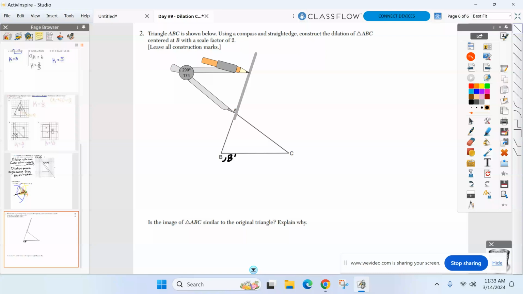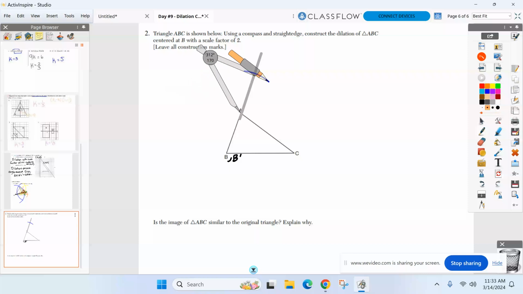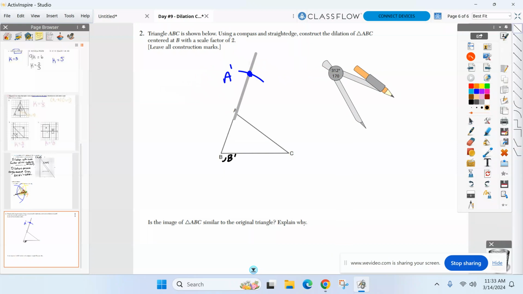That distance has now been doubled from B. Make your arc mark on your extended side, and that becomes A prime. Same thing now: extend BC a little more, and copy BC onto there.